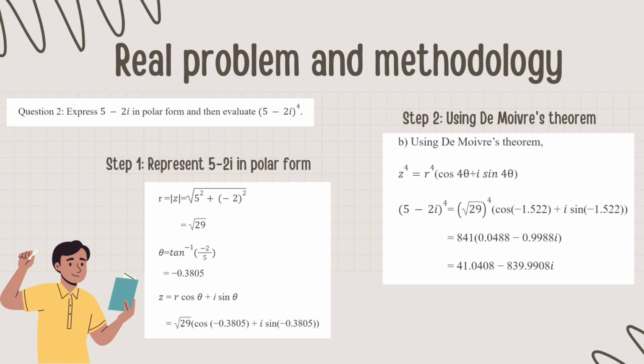So the polar form of 5 minus 2i is square root of 29 with argument negative 0.3805. Next, to evaluate (5 minus 2i) power 4, we can use De Moivre's theorem, and the final answer that we get is 41.0408 minus 139.9908i.